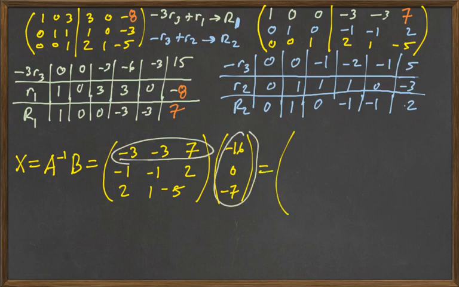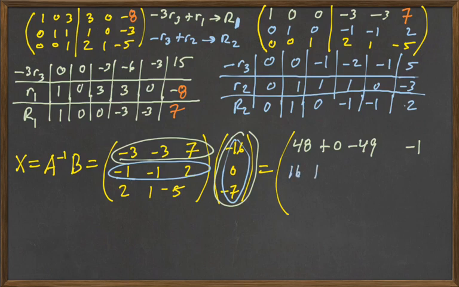Alright, so row 1, column 1. So negative 3 times negative 16 is 48. Negative 3 times 0 is 0, and 7 times negative 7 will be negative 49. Okay, so the result there would be negative 1. Row 2, column 1, negative 1 times negative 16, 16. Negative 1 times 0, 0.